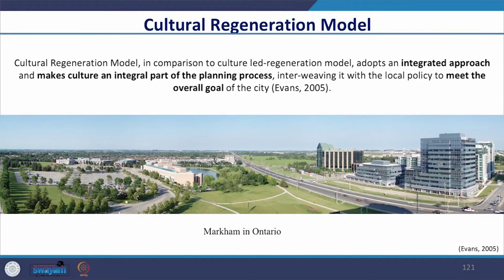By integral part of the planning process, it means linking with different levels of plans and processes. And interweaving it with the local policy means creating and aligning relevant policies with the existing ones, or modifying the existing ones, to meet the objectives of the planning, like we had seen in the beginning of this class.